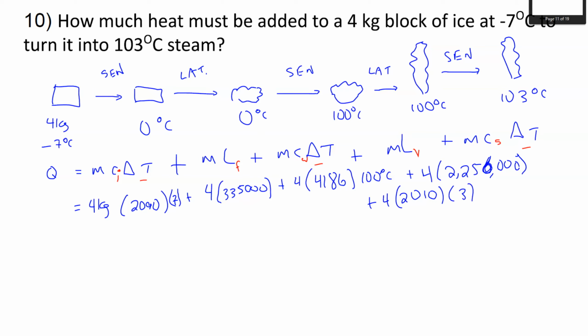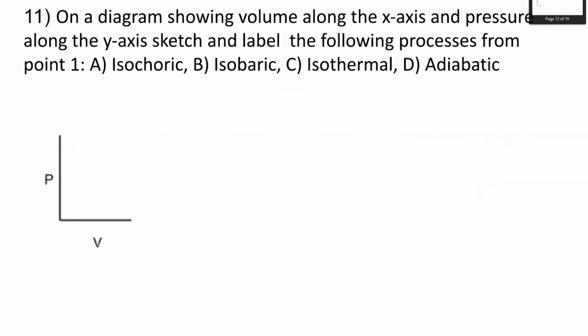But I got 1, 2, 3, 4, 5 arrows, and I got 1, 2, 3, 4, 5 times that I add heat. You push the right buttons and you will get the right number on that. All right, I'm going to leave that as an exercise to the gentle readers, and we'll move on here.